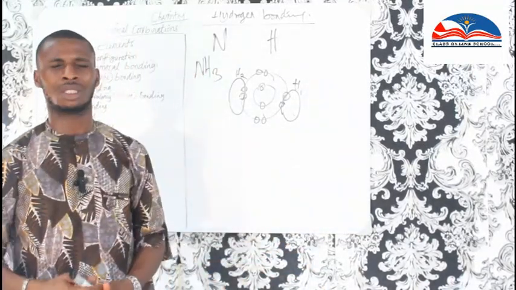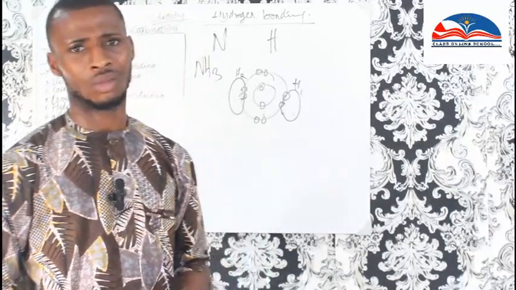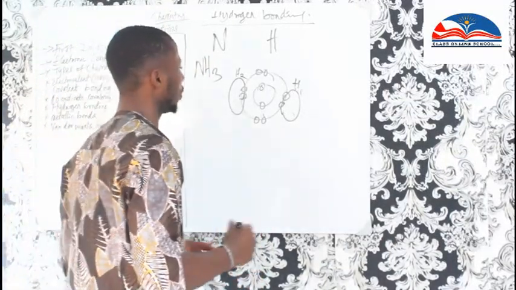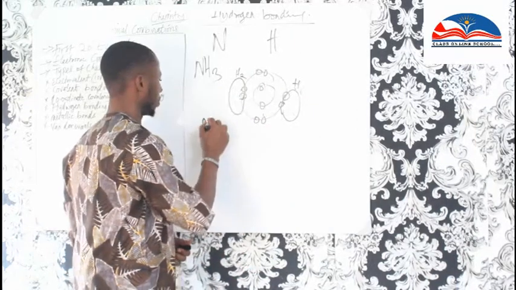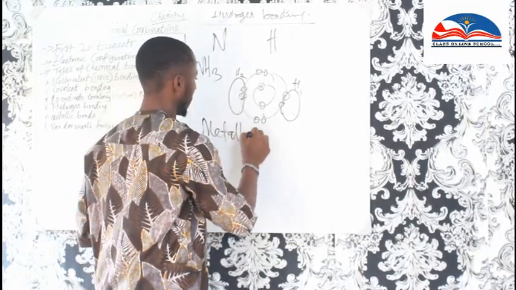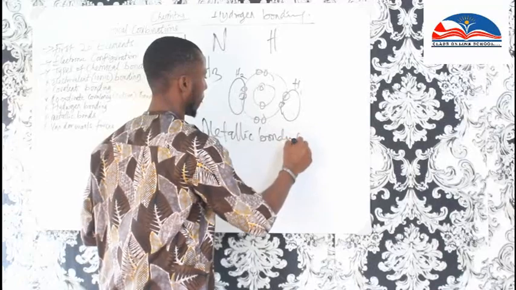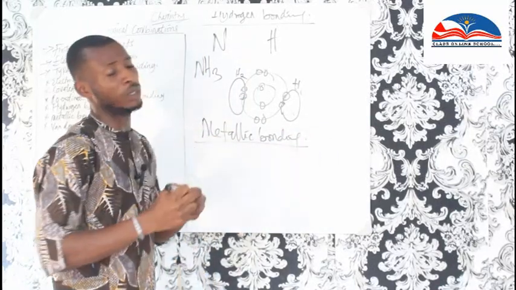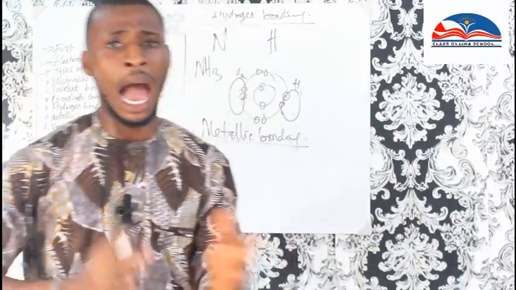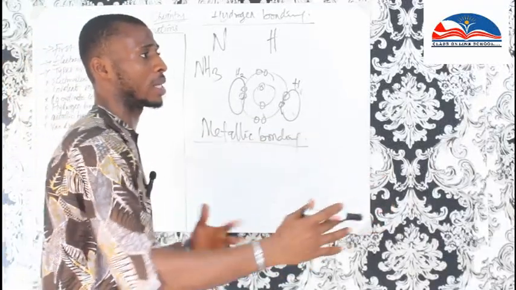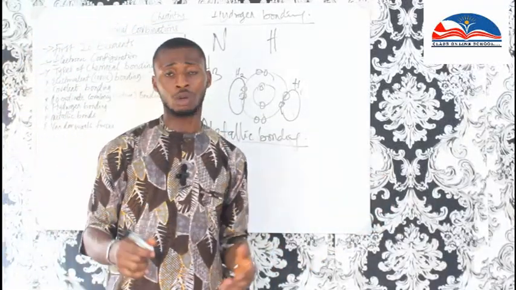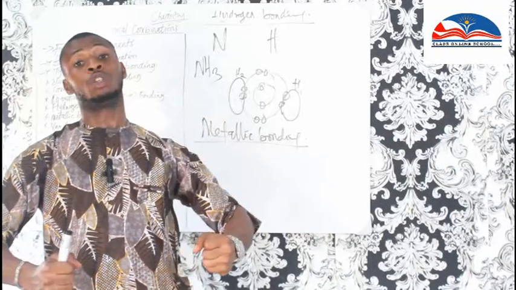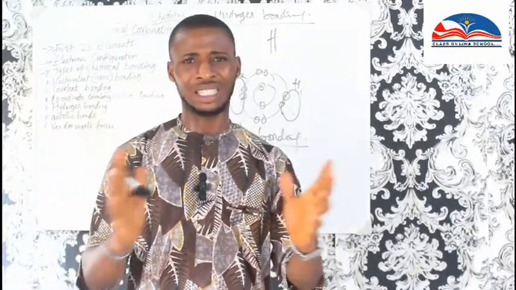The next bonding we are going to talk about is metallic bonding. This is the bonding that exists between metals, arranging them in what we call crystal lattices. You see, a metal is strong, rigid, and it has a size.